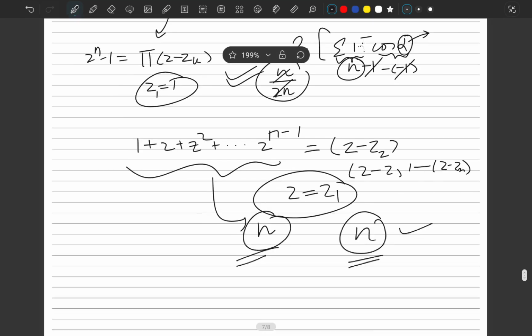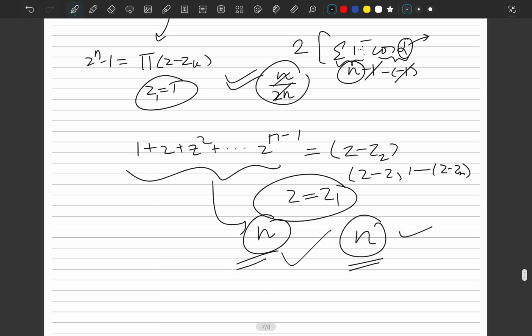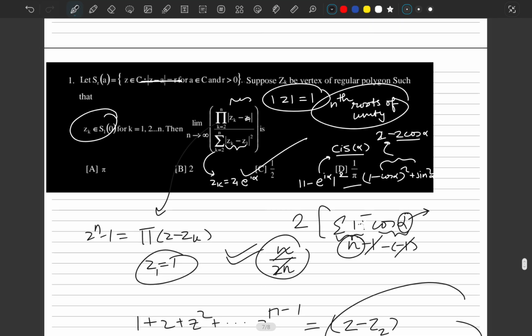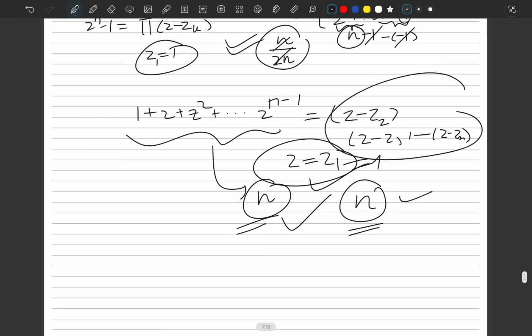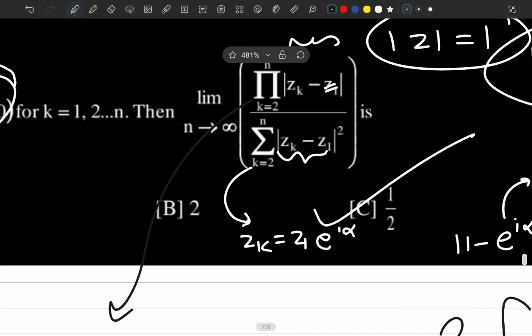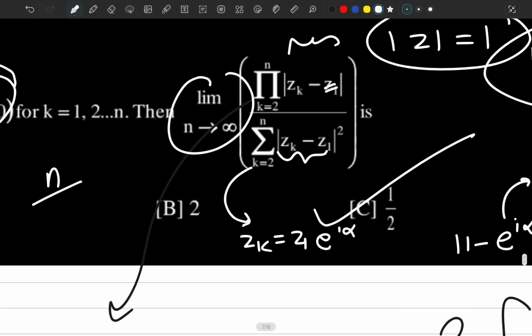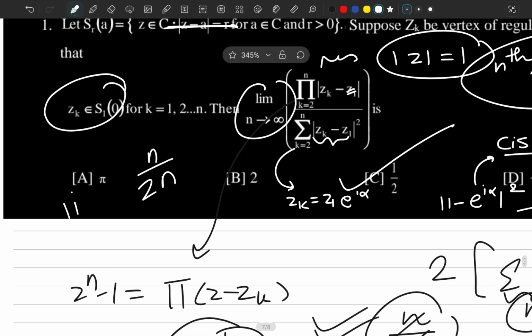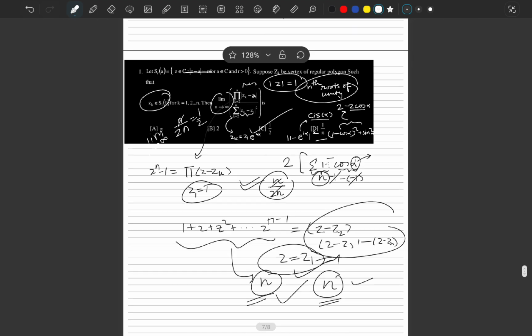So this will give us n, 1 plus 1 plus 1 plus 1, and we put 1 equal to 1, right, it gives us 1 here and 1 here. So it will give us n by 2n, and limit is there, but n cancels n, n tending to infinity, so it will give us 1 by 2, right, something like that.